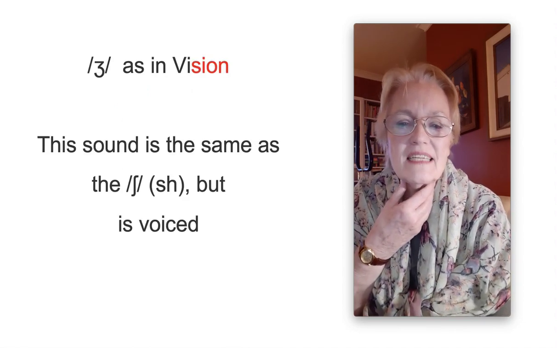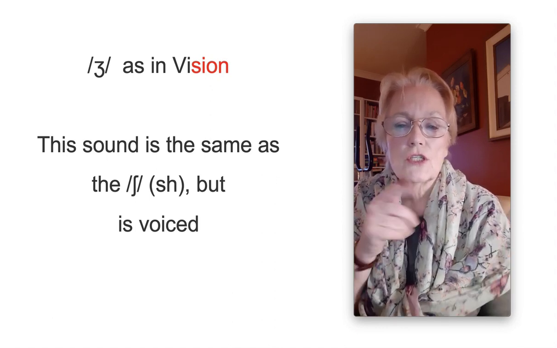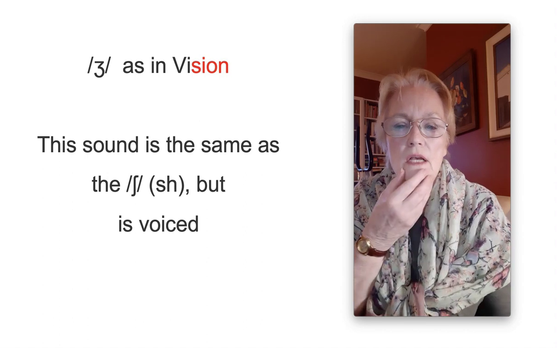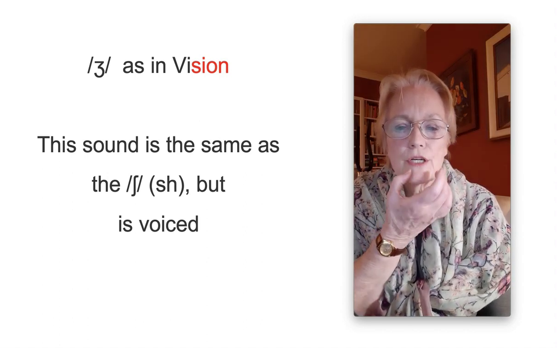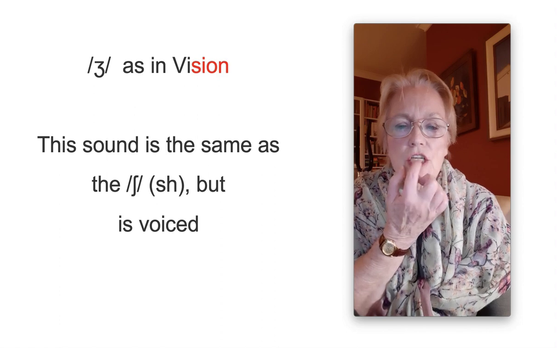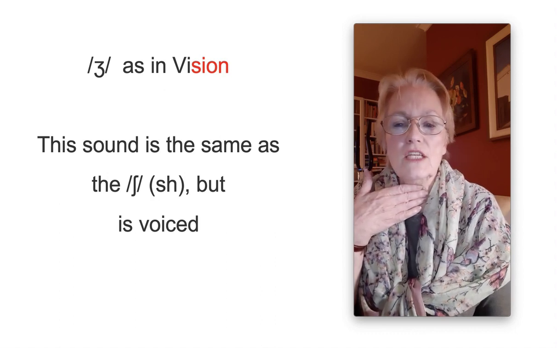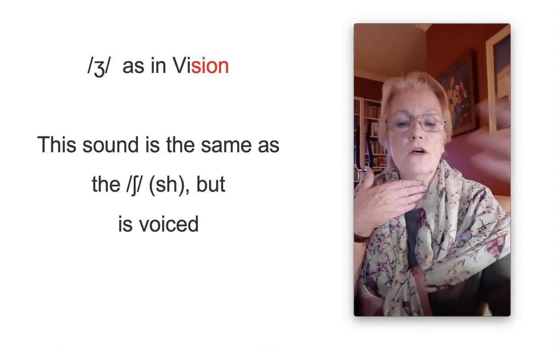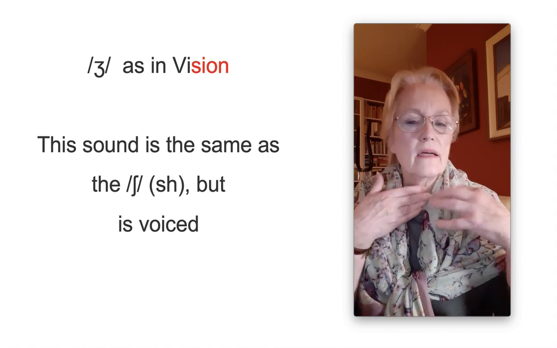Now the mouth and the teeth and the tongue are pretty much the same. Your mouth is not entirely pursed, but the corners of your mouth are quite tight. Not much of a gap. And use your voice box. Now the air flows out freely. It's not being caught back.